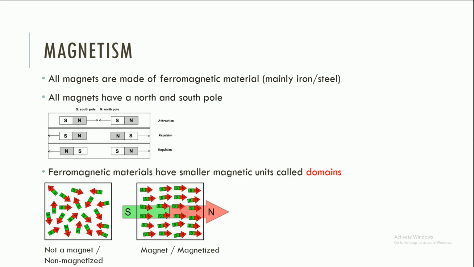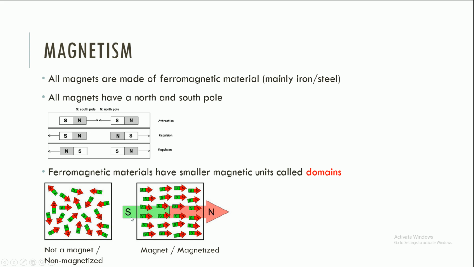Ferromagnetic materials, which are what magnets are made of, are special because they have smaller magnetic units within them called domains. These little magnets, or magnet units called domains, each have a north and south pole as well. That is the easiest way to demonstrate this idea.